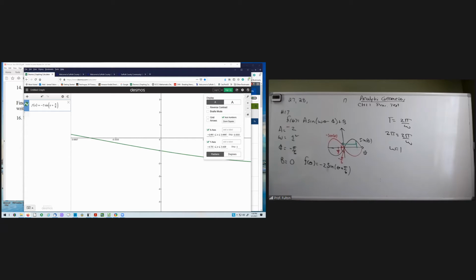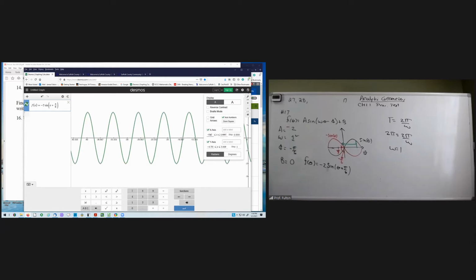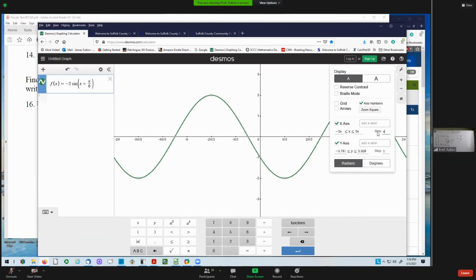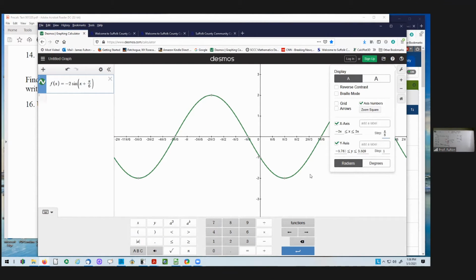That's what I'm doing. Okay. Let's take this minus 2 pi, 2 pi. And let's take my step to be, I'll see if I can put in pi over 6 so it can show that to you better. There we go. It does show me exactly pi over 6. And here I can go from minus 3 to 3.